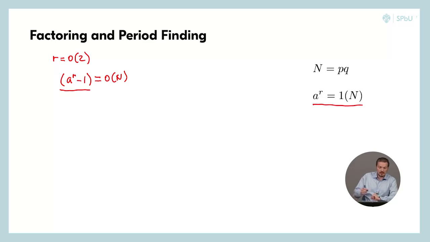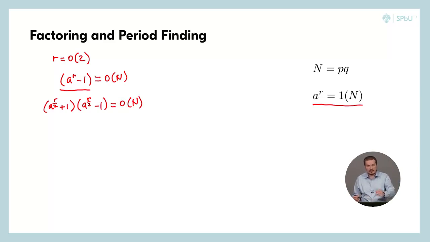You decompose it. So we decompose it like this: a to the power r divided by 2 plus 1, and the same minus 1, and this equals 0 modulo n.